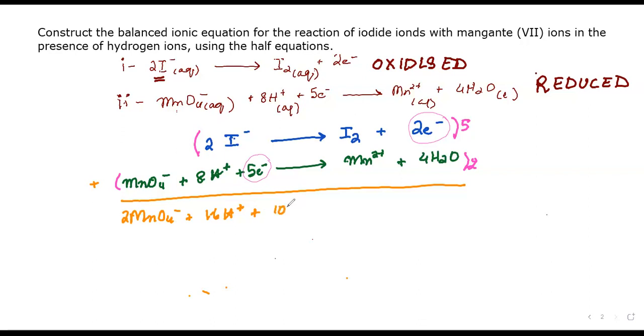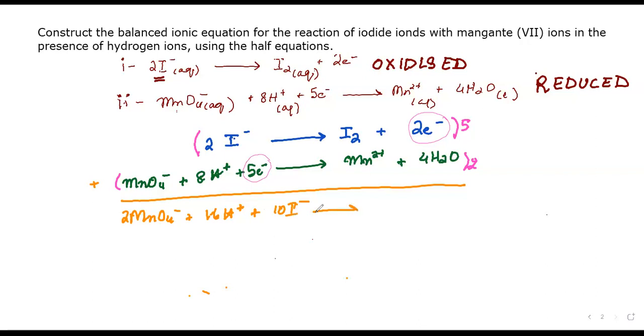That gives me 10 iodide ions. Now, do I need to worry about the number of electrons? I do not, because the number of electrons on the left side is equal to the number of electrons on the right-hand side. So they will be cancelled out with each other, and I don't have to worry about them whatsoever.